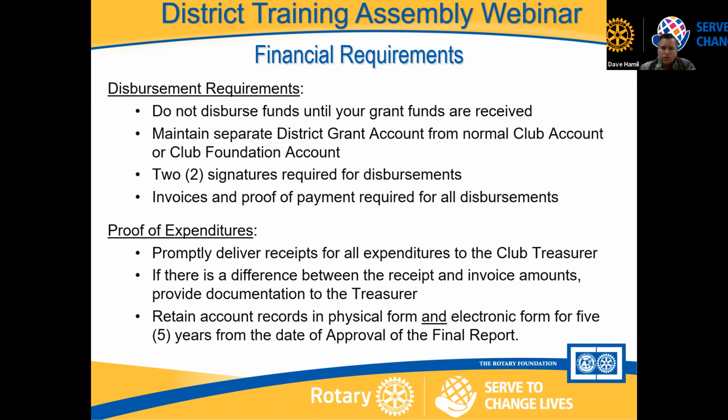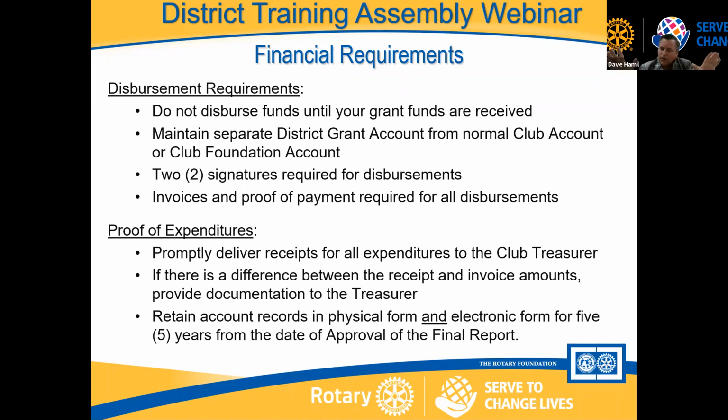But again, you're not supposed to disperse funds from your district grant account for the grant until you've actually received your DDF check. That's a key factor. You can't backdate checks. It has to be based on having the money in your account already.